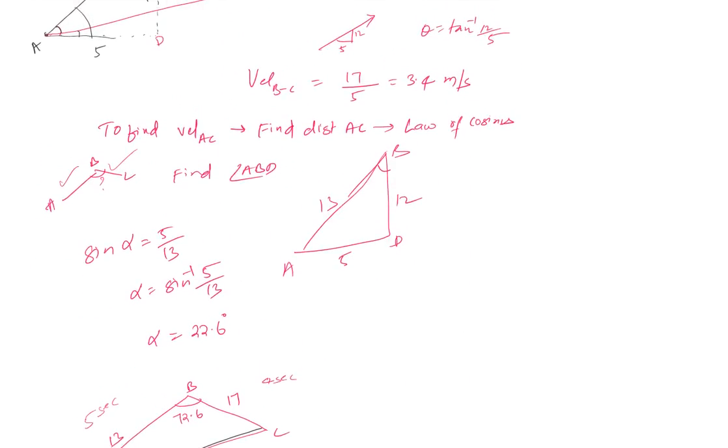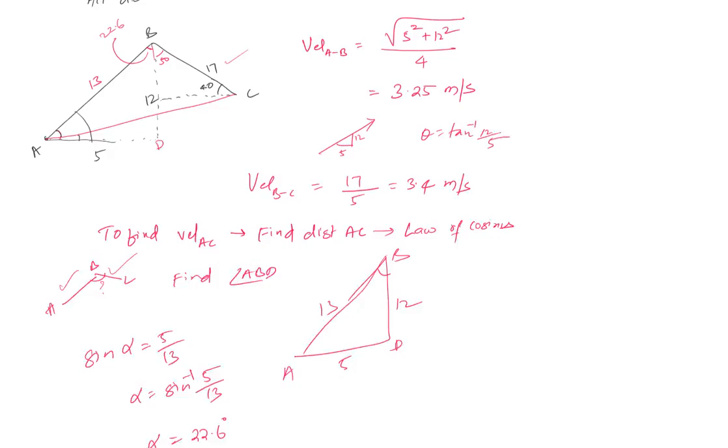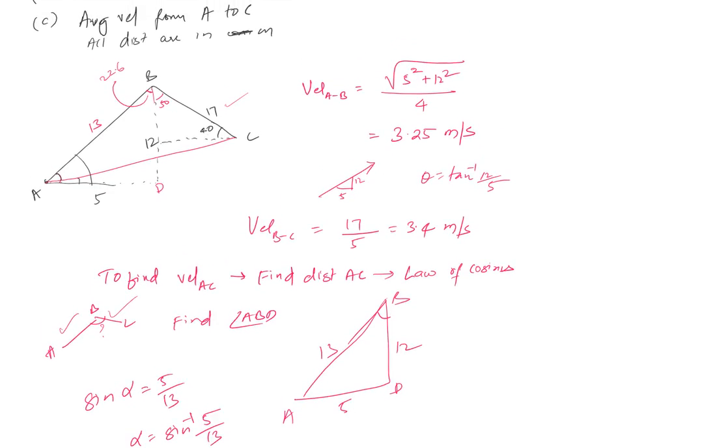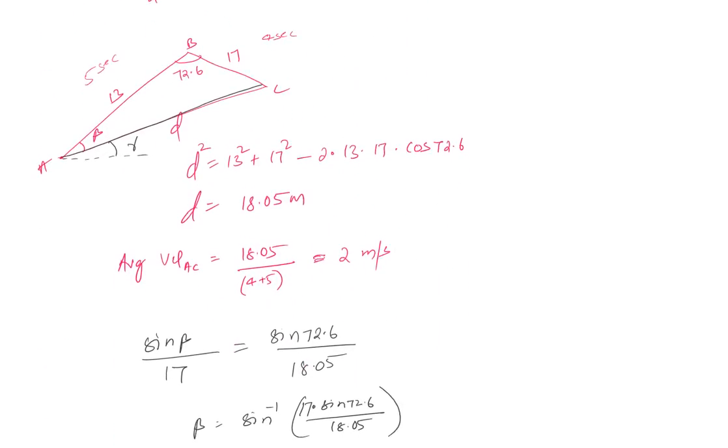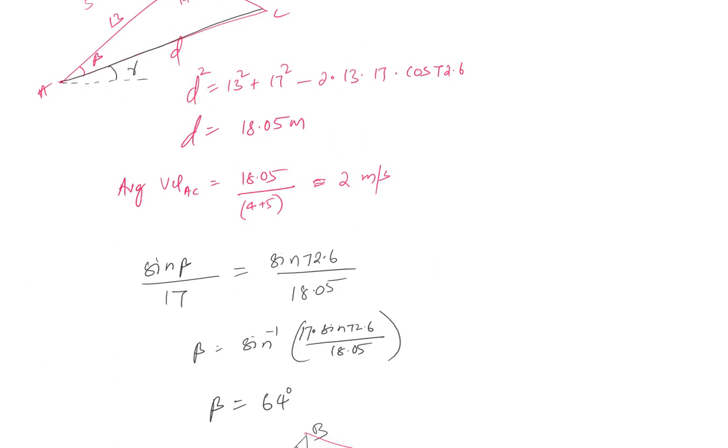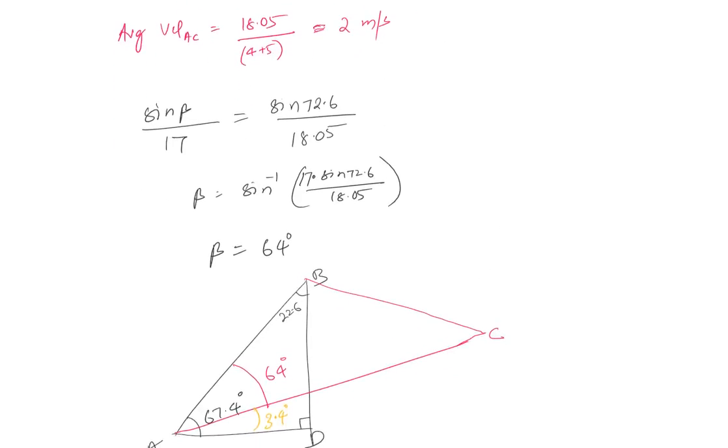For example, we just want to find out the velocity A to C, so we need to find the distance A to C and divide by the total time. To find the distance A to C, there's a little bit of geometry we've got to do. So that's why it looks tedious. The geometry part looks tedious, but in terms of concepts of dynamics, there's not a whole lot here.